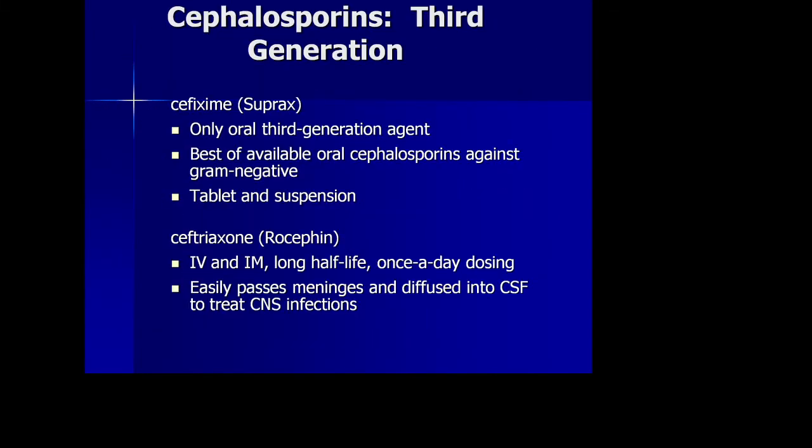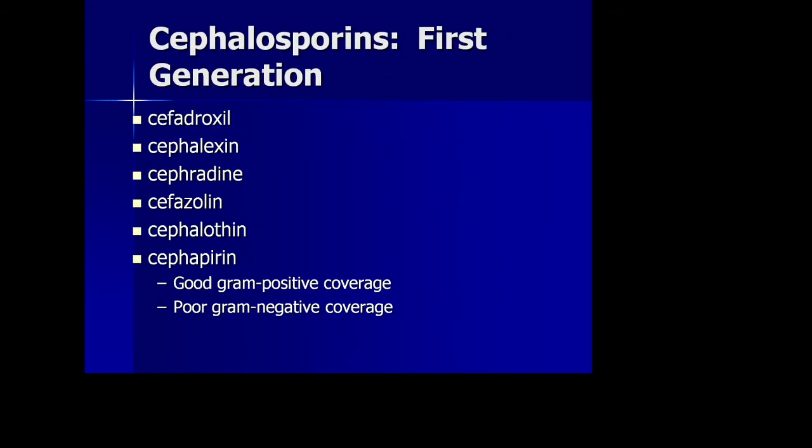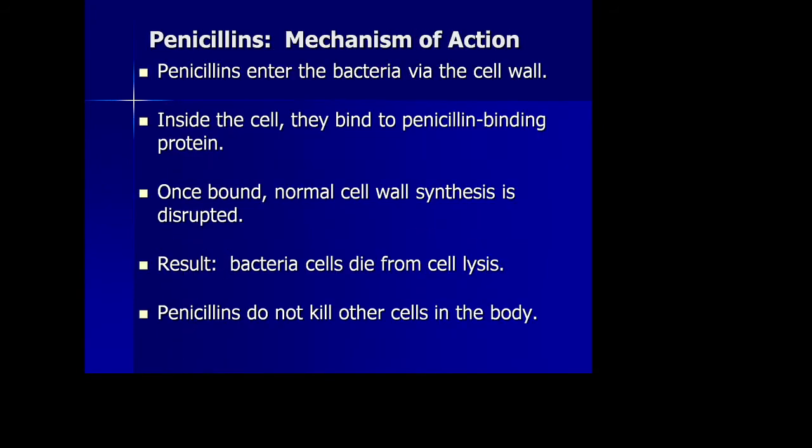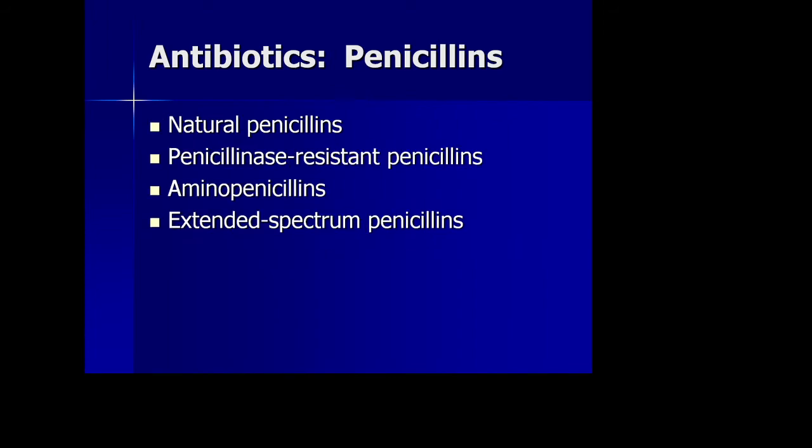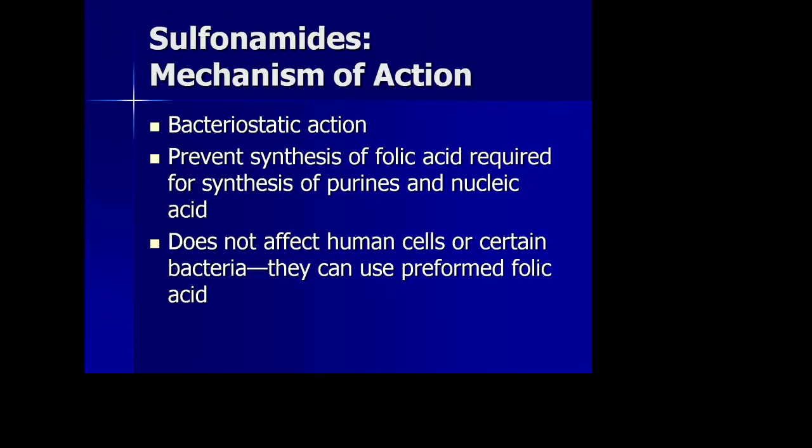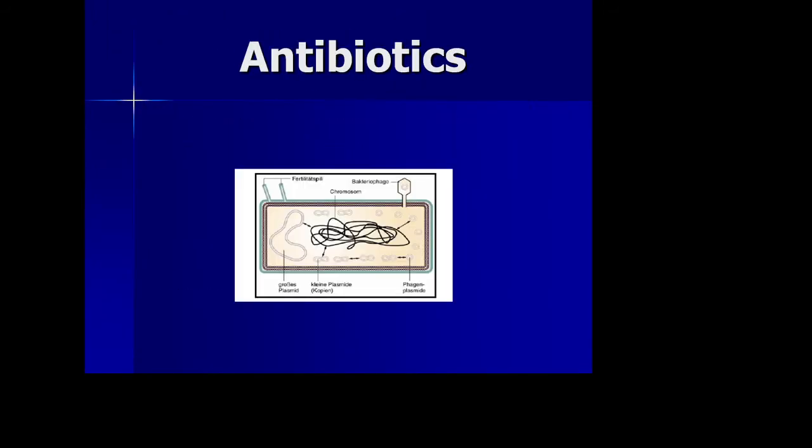So let's start with the basics of antibiotics. Antibiotics are substances or drugs which decrease microbial growth or are used to kill microbes in the body, so as to prevent infections.